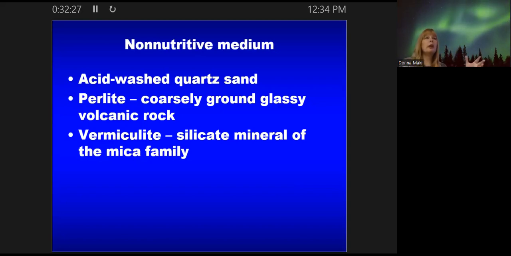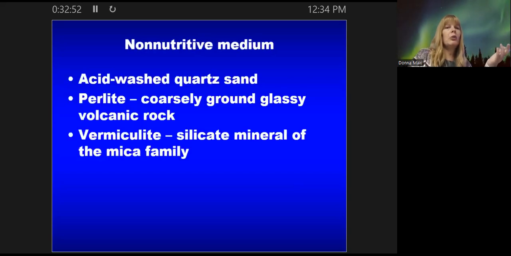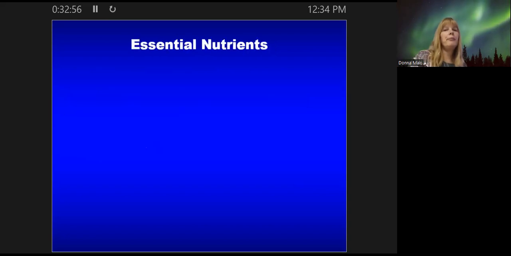You could use pure perlite, like we're growing kidney bean seeds in perlite right now, because we're going to transfer those beans into a hydroponic system, and we don't want soil coming with them. It doesn't really matter if some perlite bits get into the hydroponic system, because it's inert and won't mess with the experiment. So there are ways to grow plants in inert physical substrates if you want to do that.